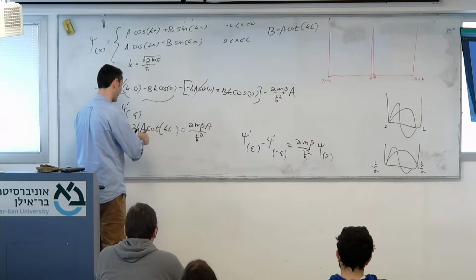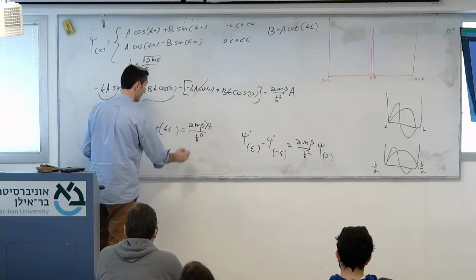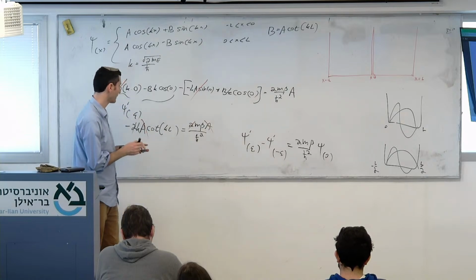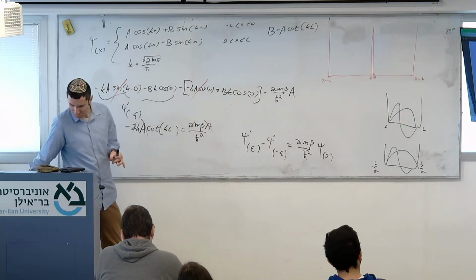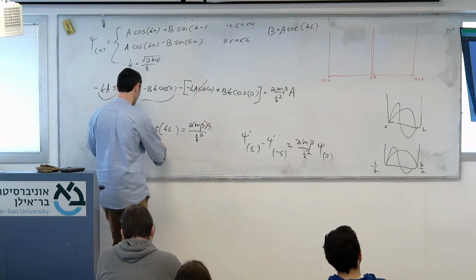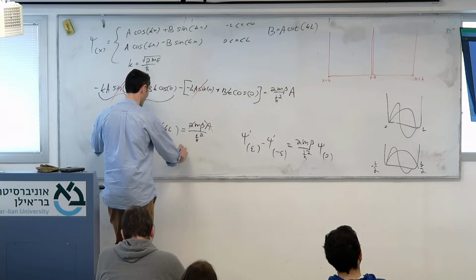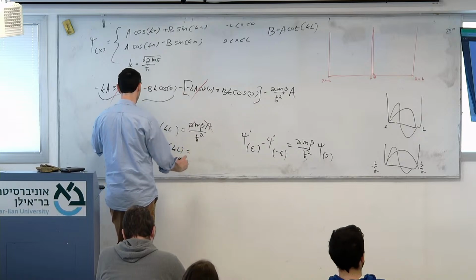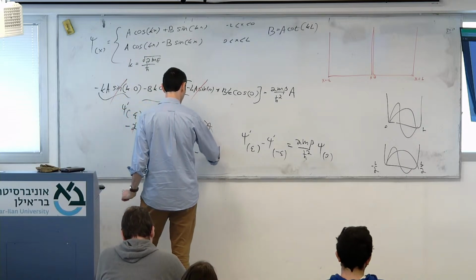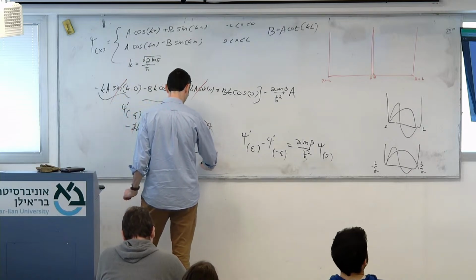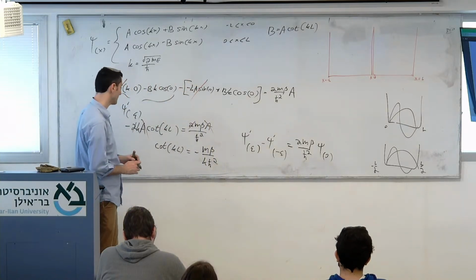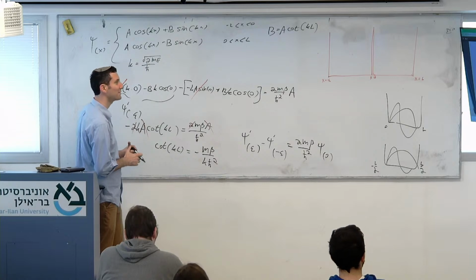And now I can cancel out the k, the a's, and the 2's to get a certain solution. Now your cotangent of kL is equal to minus m beta over k h bar squared. This is not nice. I'm not drawing this.